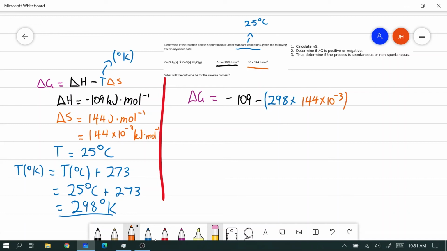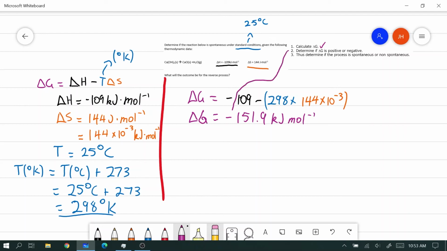So there's our equation. All we've got to do is put all of that into our calculator to then find delta G. And so that is equal to negative 151.9 kilojoules per mole. So at this point, we've calculated delta G.